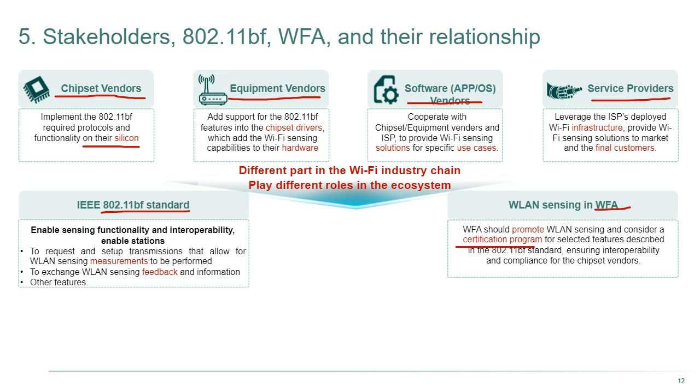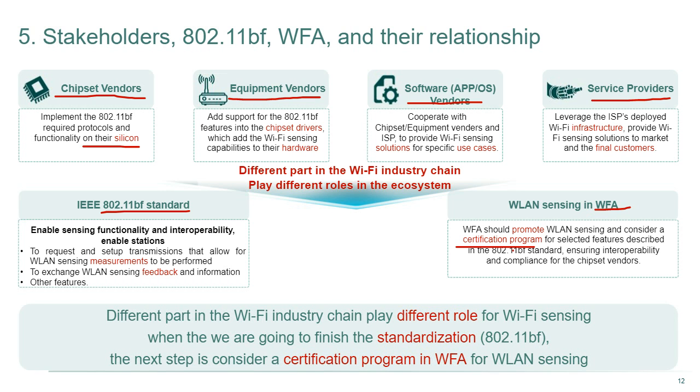So I think that's one of the most important parts of our next step. To summarize this slide, different parts of the industry chain play different roles for sensing. When we are going to finish our standard, 11bf, the next step is to consider a certification program in the Wi-Fi Alliance for WLAN sensing, to ensure interoperability and compliance for the chipset vendors going to the market.